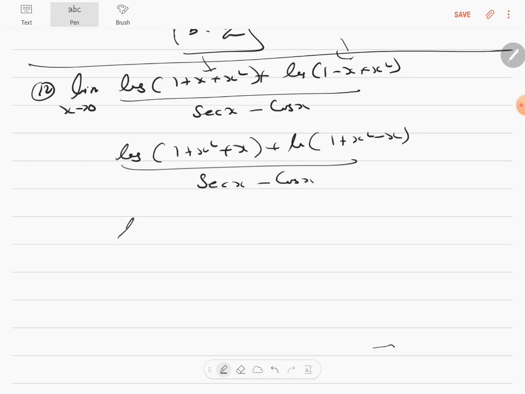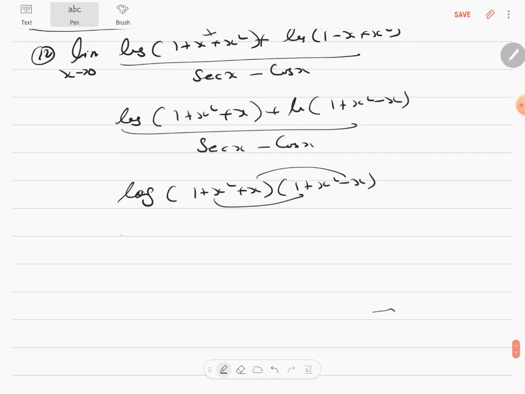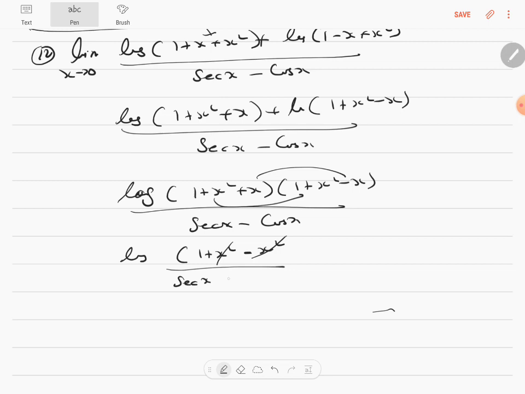And log a plus log b is log of a into b, which is log of 1 plus x square plus x into 1 plus x square minus x, which is like a plus b into a minus b, over secant x minus cos x, which is log of a square minus b square over secant x minus cos x.